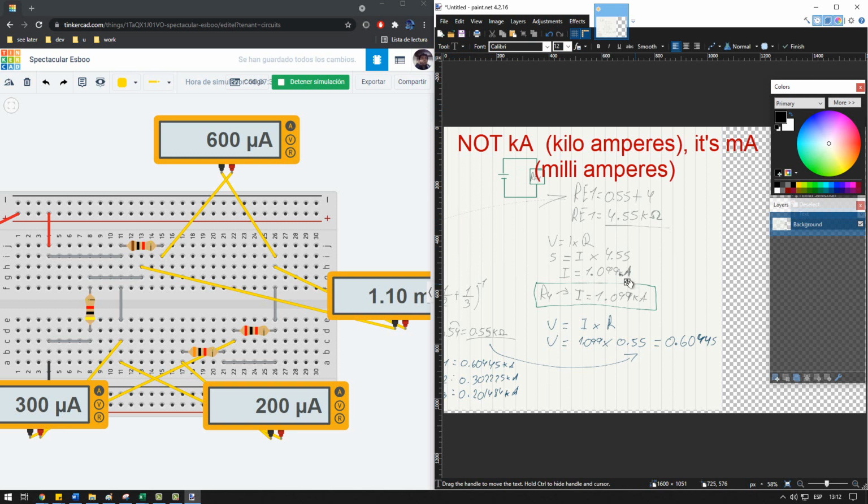Okay, just fix it. Milliamps here also, and milliamps. But the values in general are equal. Okay, the calculation is alright. So that's it. I hope you enjoyed, and I see you next time.